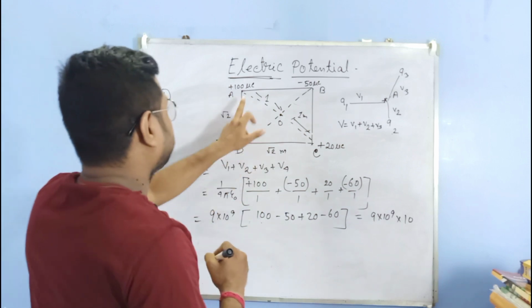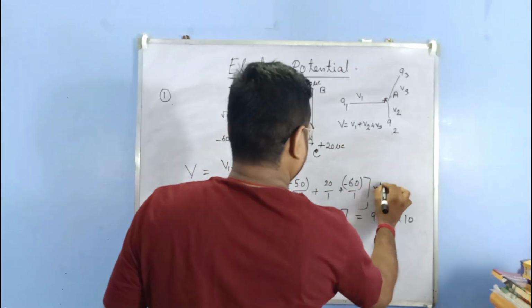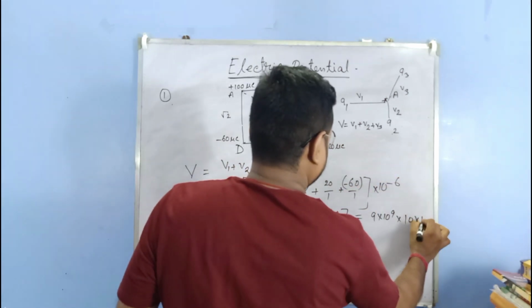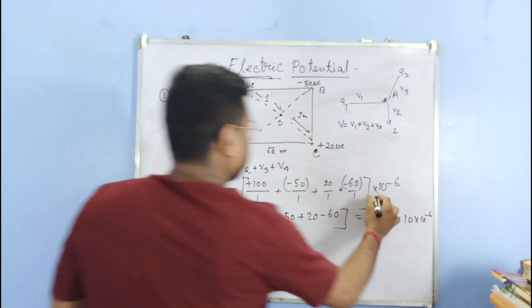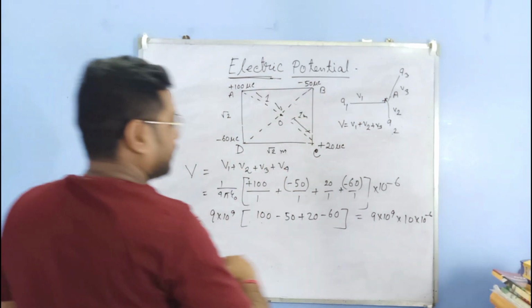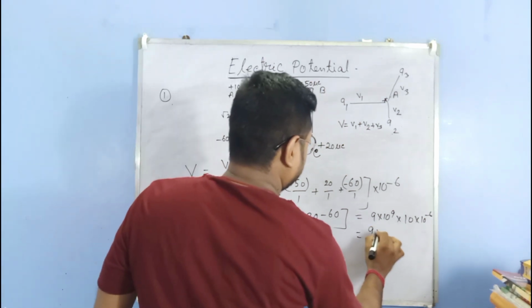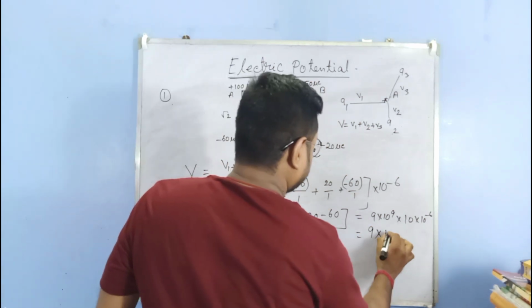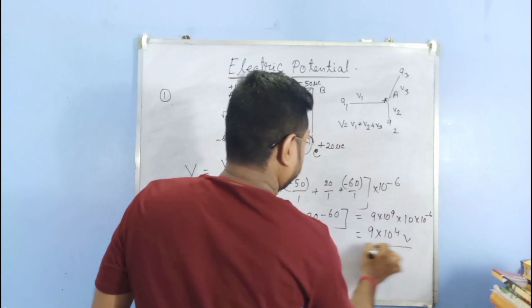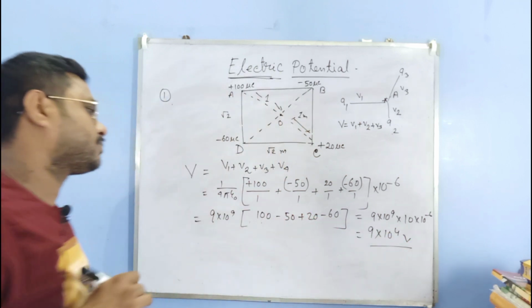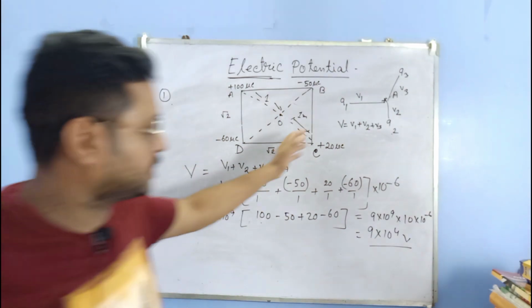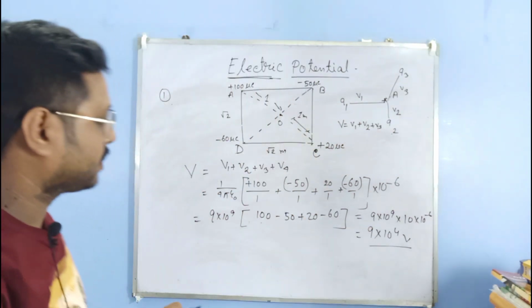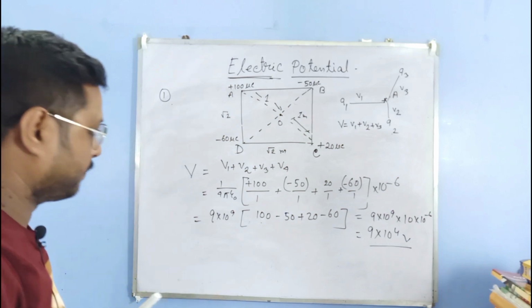Here the charges are in microcoulomb, so in all cases 10 to the power minus 6 will come. You can write it here, we can take it common because all the charges are in microcoulomb. So you get the potential at O as 9 into 10 to the power 4 volt. Very simple mathematics. This can also be done for a triangle.